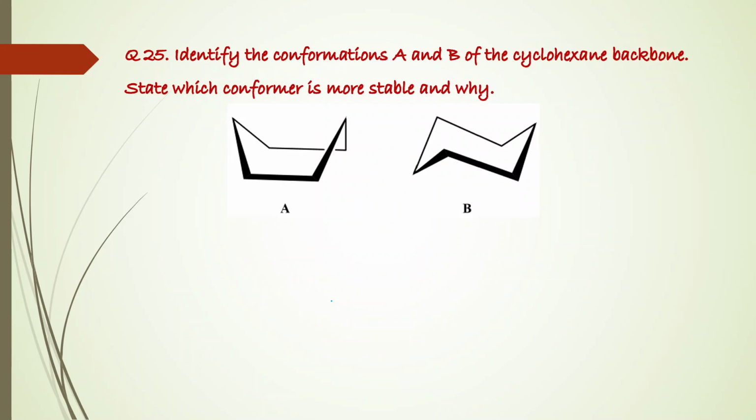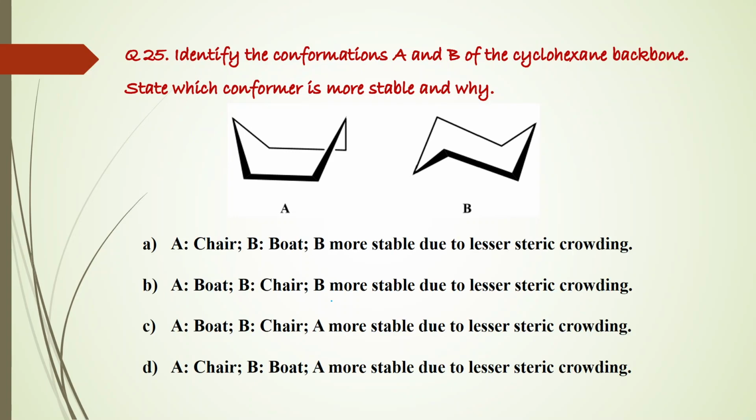The next question says, identify the conformations A and B of cyclohexane, and state which conformer is more stable and why. These are the four options shown here. Obviously A is a boat conformation and B is a chair conformation.